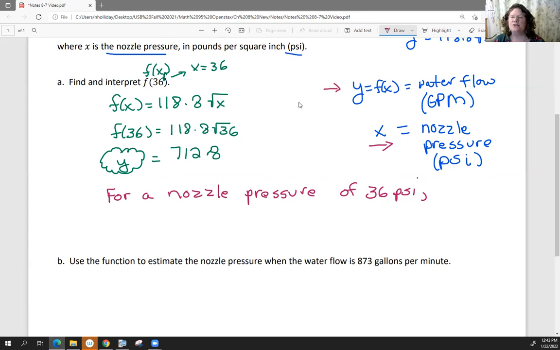So for a nozzle pressure of 36 PSI, you get a water flow of 712.8 gallons per minute.